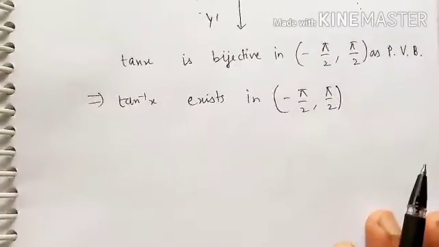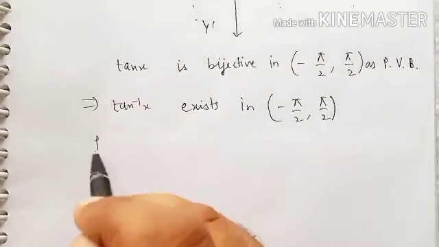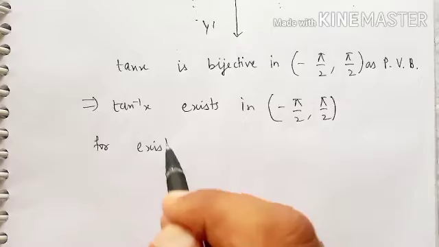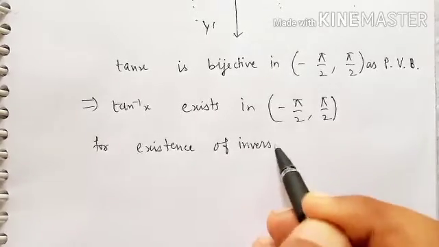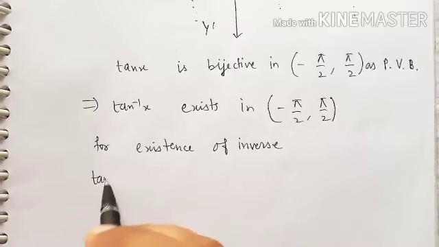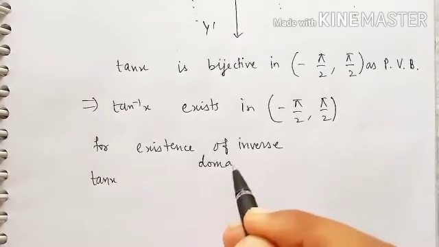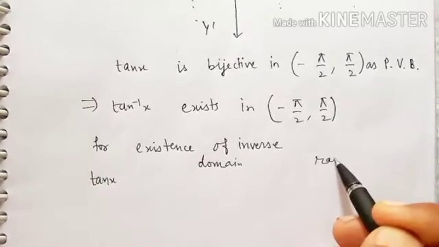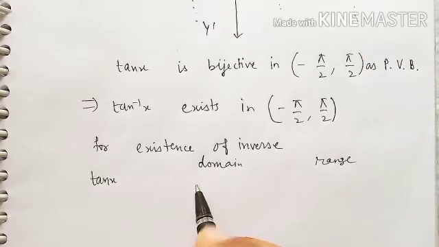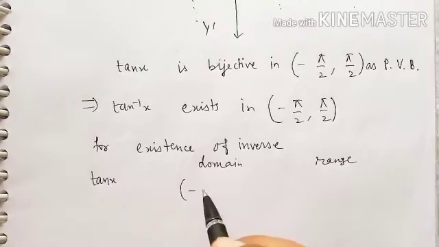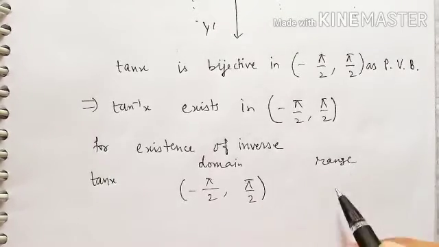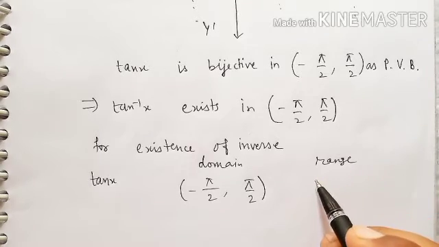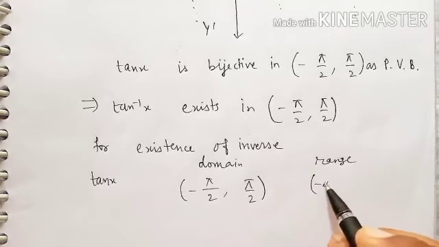Let us discuss the existence of the inverse. The domain of tan x is the open interval minus pi by 2 to pi by 2, and its range is minus infinity to infinity.